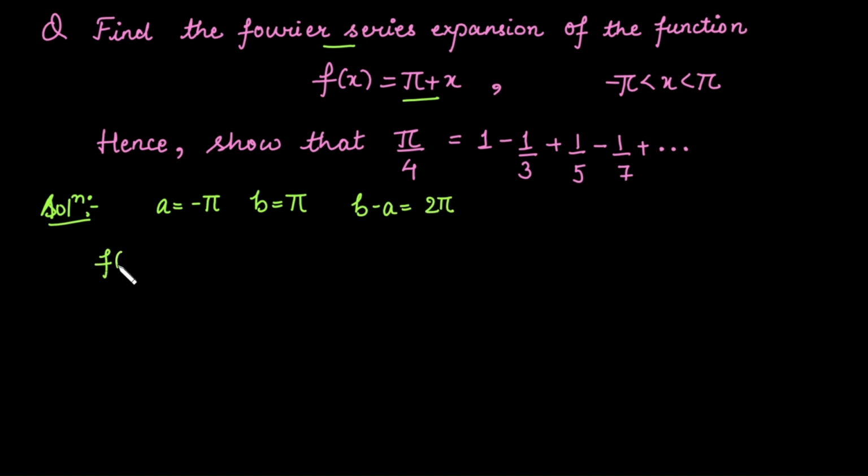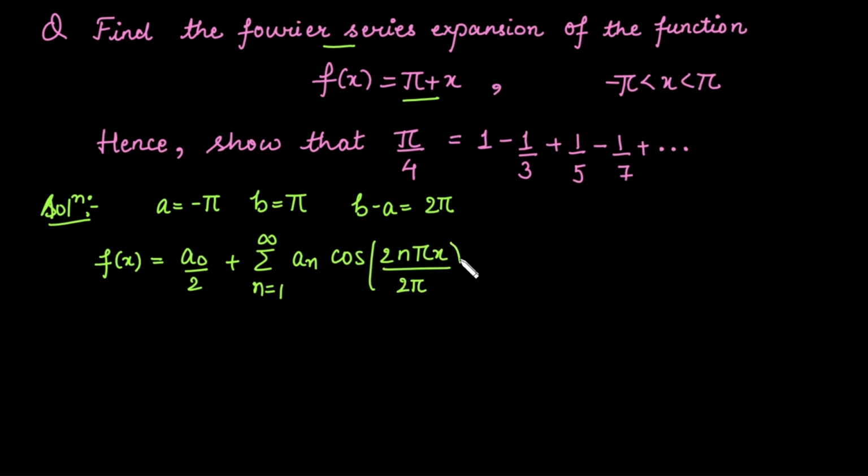Now Fourier series is equal to a naught by 2 plus summation n from 1 to infinity a n cos of 2n pi x divided by length of the interval, that is 2 pi, plus summation n from 1 to infinity bn sine of 2n pi x divided by length of the interval, that is 2 pi.